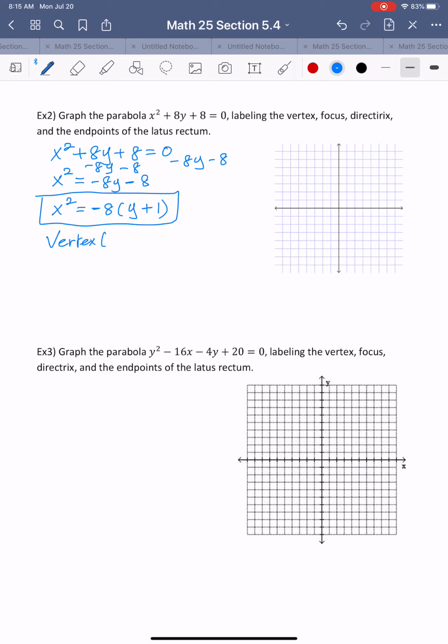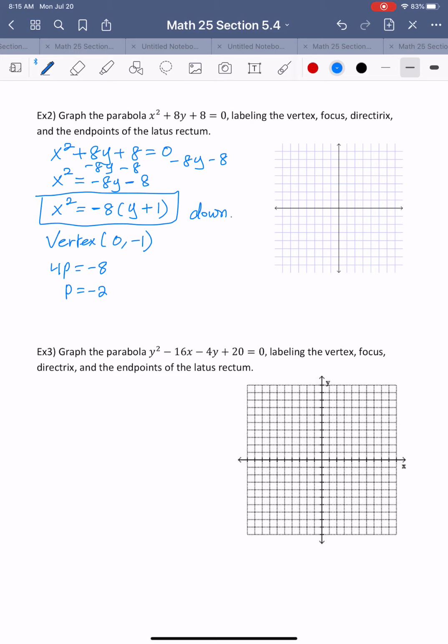So we have a standard form, which means right away we can find the vertex. So the vertex is (0, -1), because 0 from the x squared and then the -1 from the y plus 1. So from that vertex, 4p should be -8, and divided by 4, p is -2. But x is squared, so it goes down because of the -8.